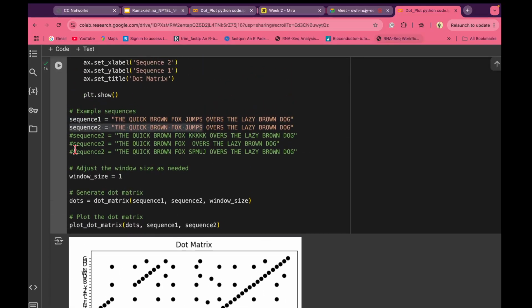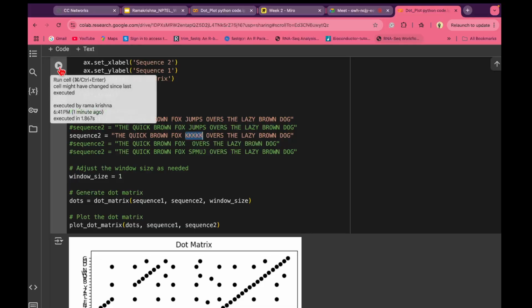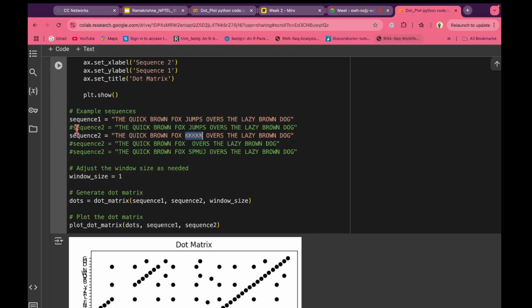So further I want to see the other scenarios. The other scenario is an insertion happening. In a new sequence 2, instead of "jumps" I have added a 5-letter string, kkk. This tells us the word "jumps" has been replaced, substituted with some other letters. Now I wanted to see how this plot changed.